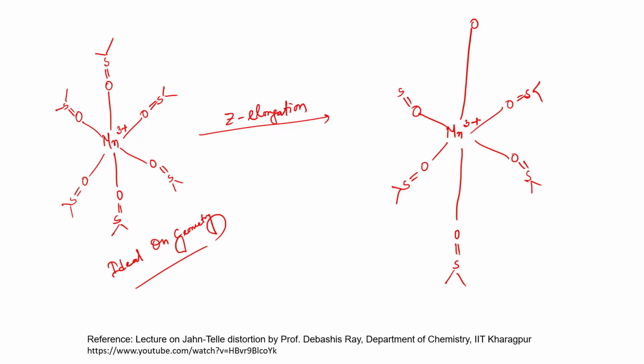Easily we can see the metal oxygen bond length along the z-axis is higher than along the xy plane.